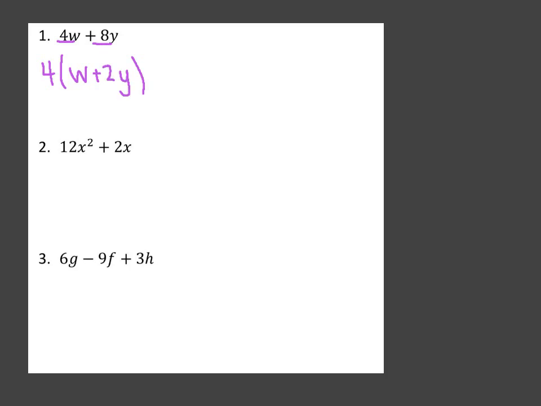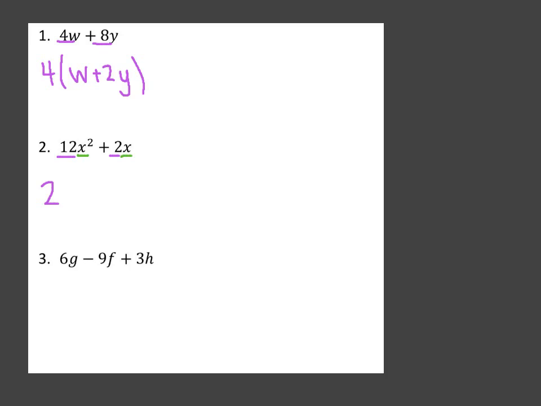Now let's look at example 2. 12x squared plus 2x. First, let me ask myself, what can both the number 12 and the number 2 be divided by? They can be divided by 2. Now in this problem, we have something else to consider. Because both terms have the variable x, I have to see how many x do the two terms have in common.